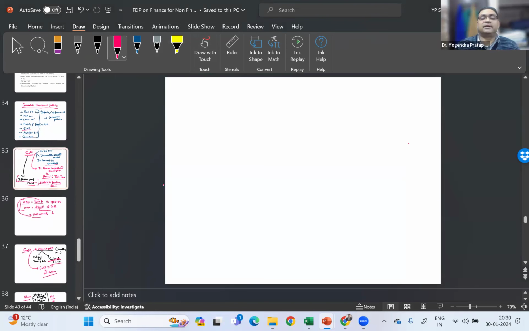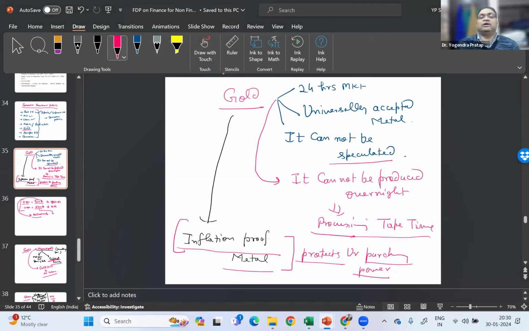Now, I told you why gold is very much important, because it is a 24-hour market. Then second feature is it is the universally accepted metal. And third is it cannot be speculated.